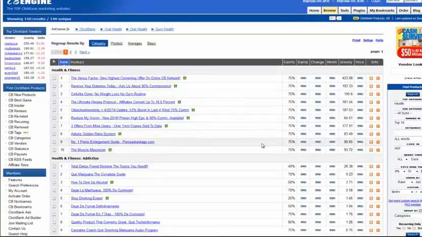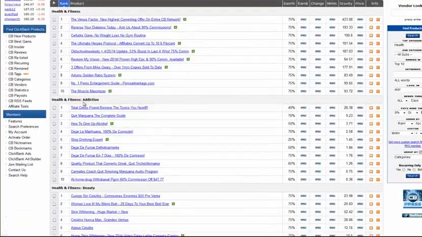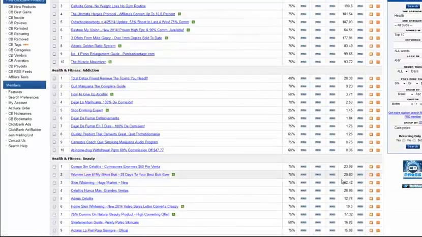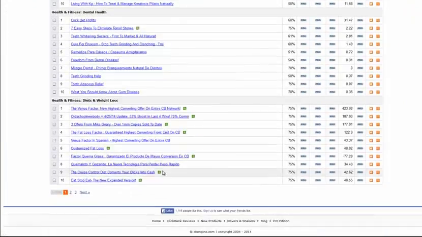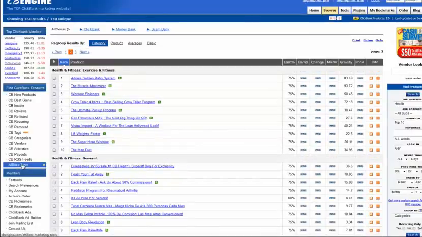And now we've got the overall, and then we've got different categories within it. So we've got addiction, beauty, and all of these products are meeting the criteria. And you can see now we're seeing a lot more products. We've got dental health, there's diets and weight loss, which is obviously going to be the main one. There's going to be a whole bunch more as well.